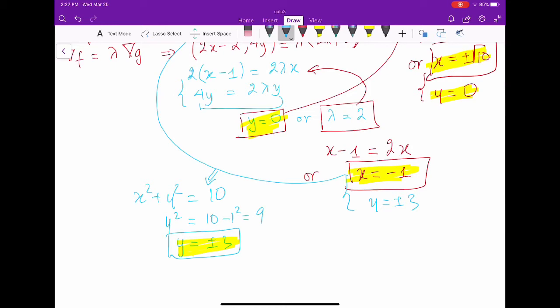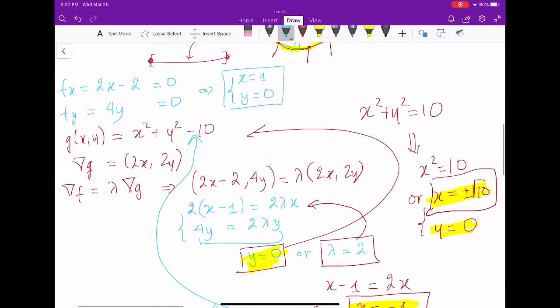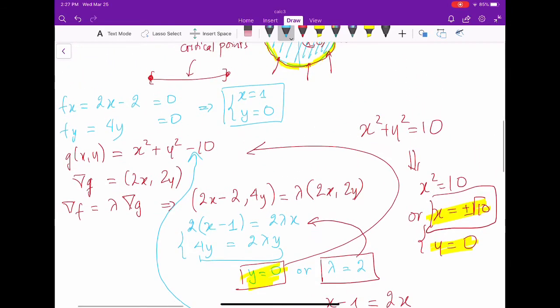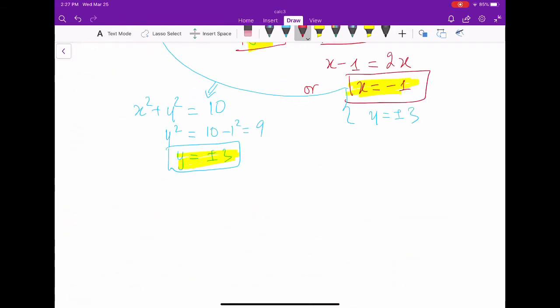And now, the last step is to plug the coordinates of these 4 points into the original function to find the function values and compare with the function value at the critical points that lie inside the circle. All right? X and y here, and here's the function f(x,y).